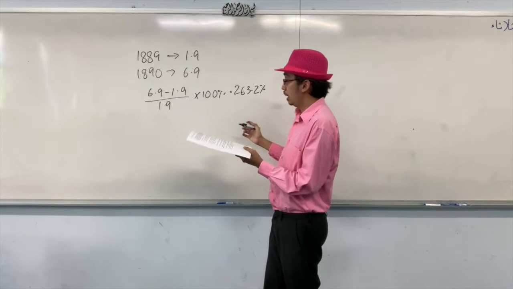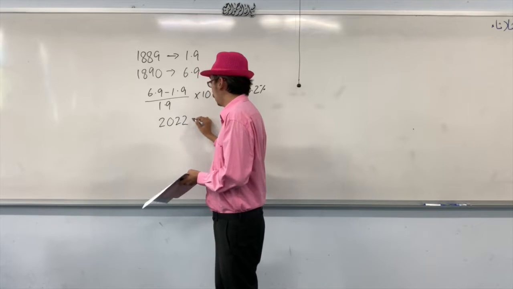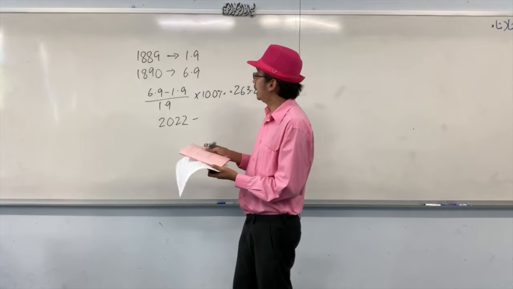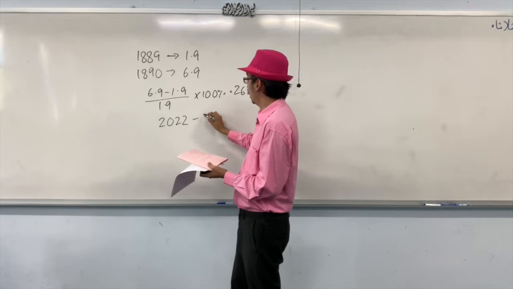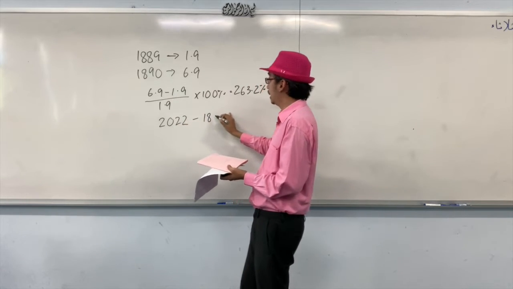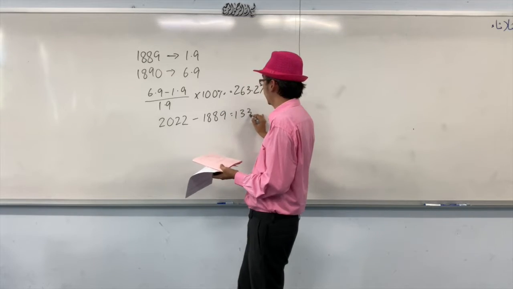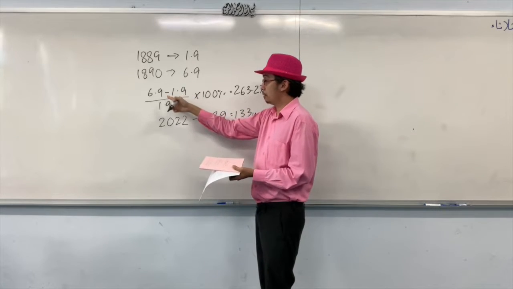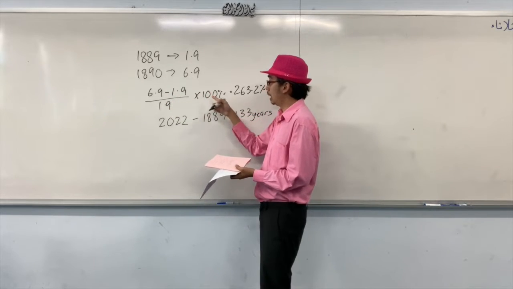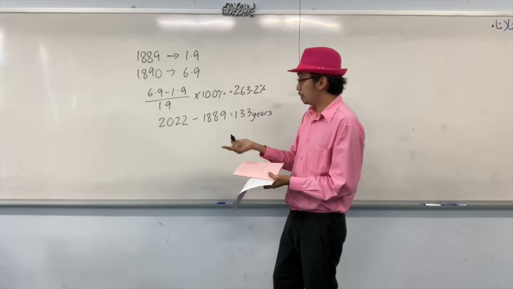The first step is to find the number of years that have passed from 1889 to 2022. So you get 2022 minus 1889, which is 133 years. Take note, to get 6.9, that's 1 year later, you multiply by 3.632 once, to the power 1. The next number will be to the power 2.